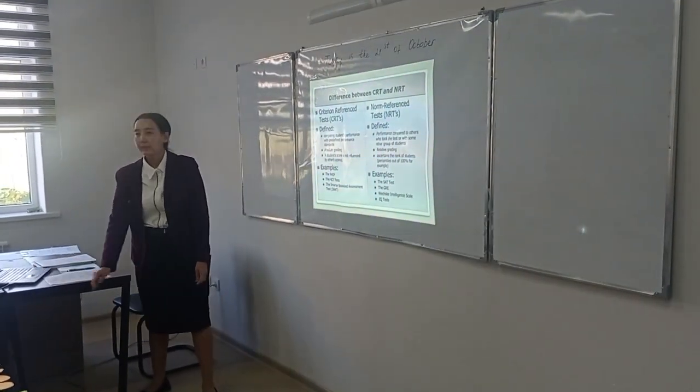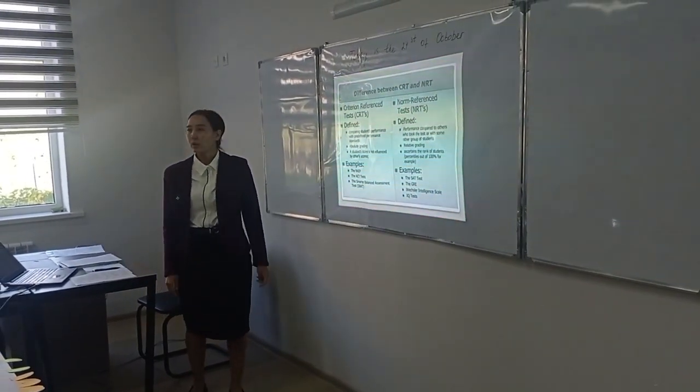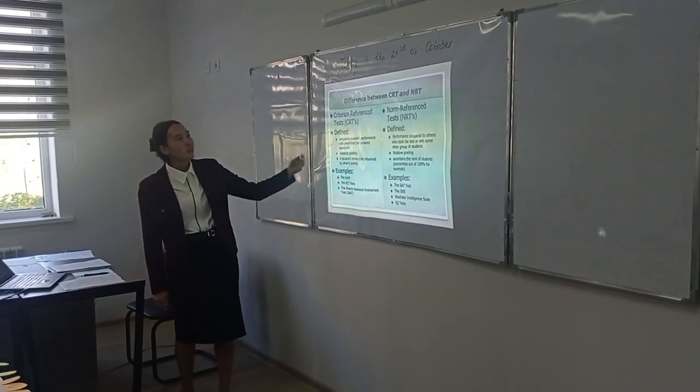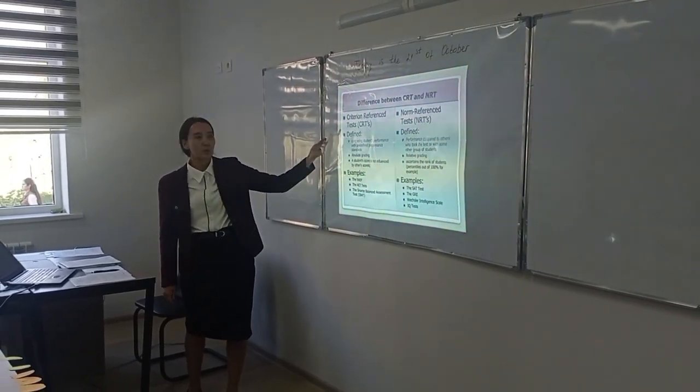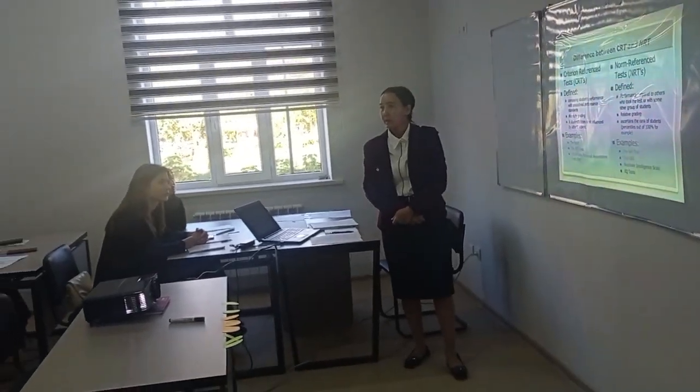Next, here also given the difference between criterion-referenced assessment and norm-referenced assessment. Criterion-referenced assessment is defined by comparing students' performance with predefined performance standards, and there will be absolute grading. And norm-referenced assessment is defined by performance compared to others who took the test or with some other group of students, and there will be relative grading.